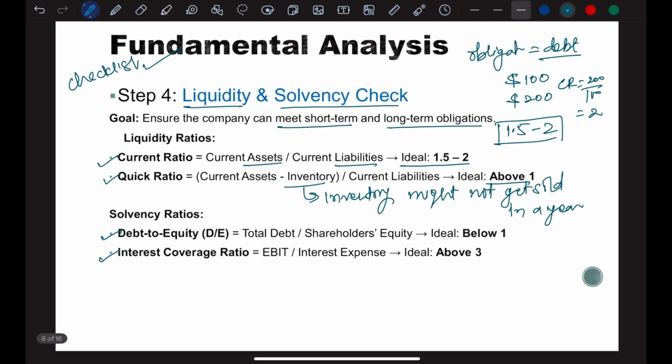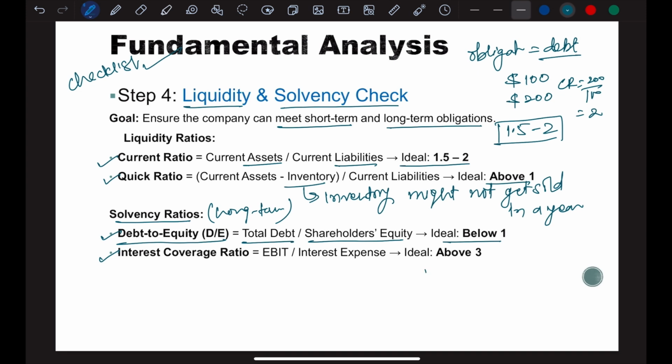Now the second one is our solvency ratios, which look at long-term obligations. In long-term obligations we have the debt to equity ratio, which tells us how much debt the company has relative to shareholder equity. The ideal ballpark range is below 1, or it is generally said that the lower the debt to equity ratio, the better.